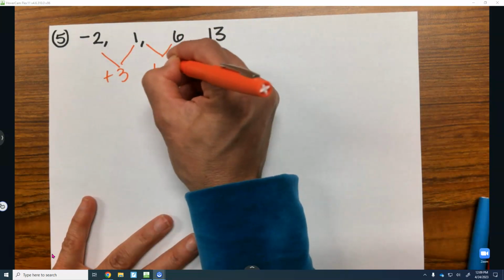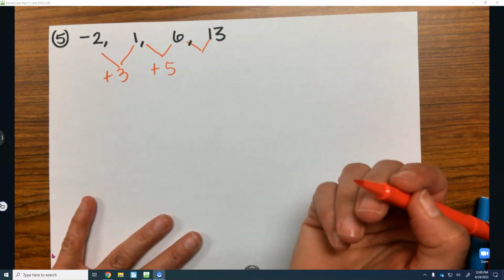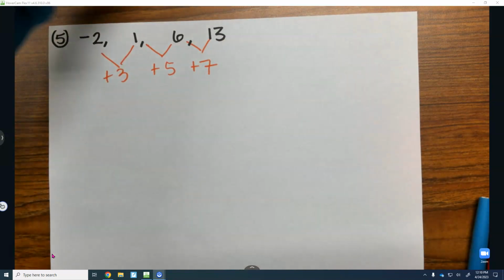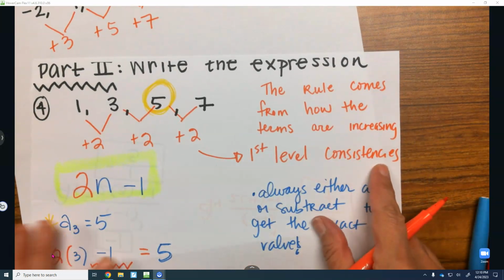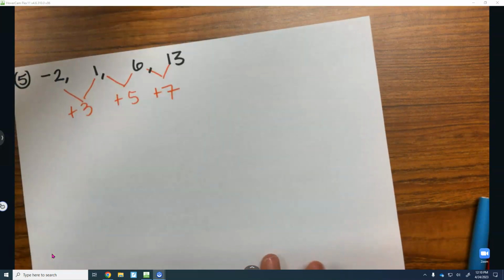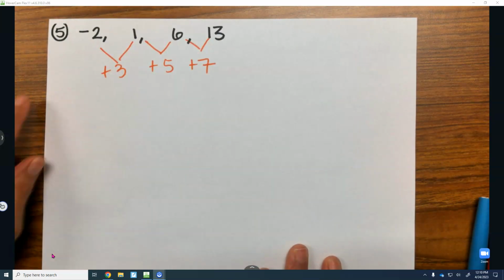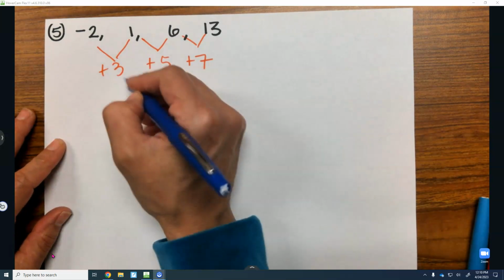And then, that's not even plus 5. What's this one? All right, so over here previously, we had the same answer. This was a level 1 consistency. This isn't consistent. Let's see what happens between these numbers and see if they increase by a consistent amount.